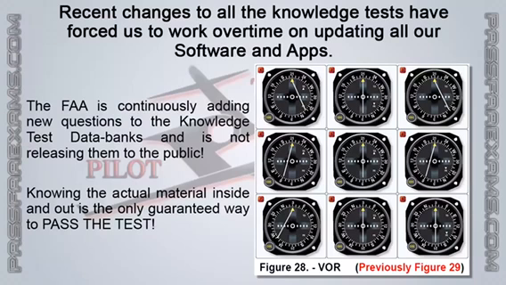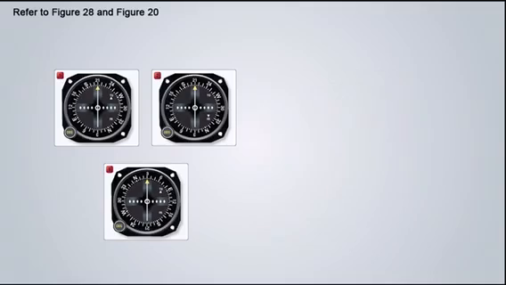In any case, if you're having trouble with these new VOR questions, here is a video covering all of the latest known FAA private pilot questions involving Figure 28. For example, this new question says, refer to Figure 28 and Figure 20.